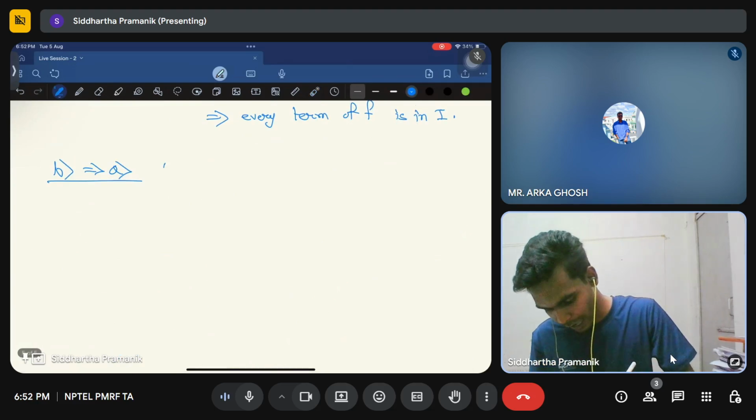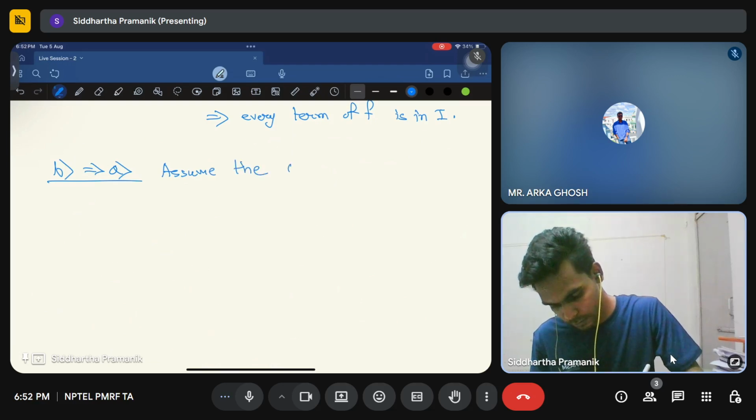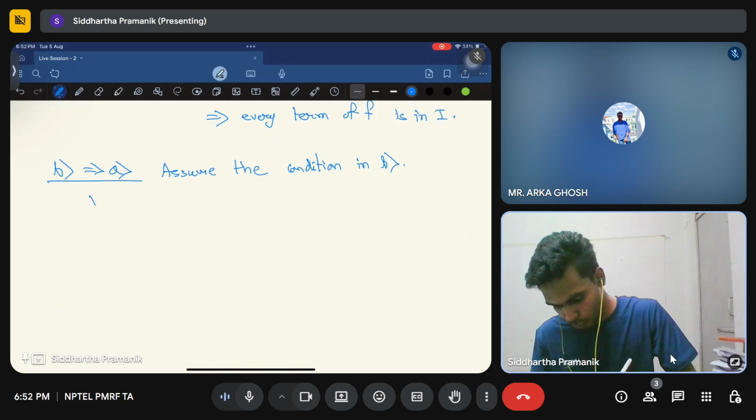So assume the condition in B and we want to show I is a monomial ideal.